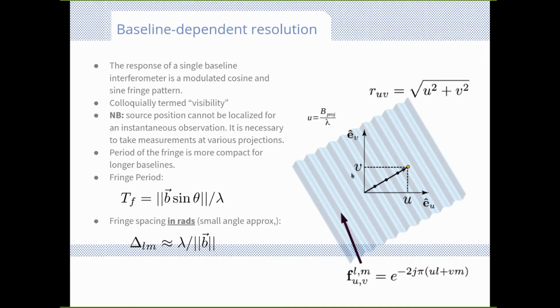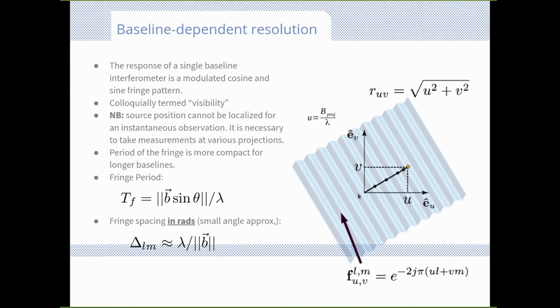Then what we're going to see is a fringe pattern, right? That has a certain spacing, depending on this baseline size, right? As we increase the baselines, the fringes become more and more compact, right? So here we show a response of a single baseline to an off-axis source, right? So it's a fringe.